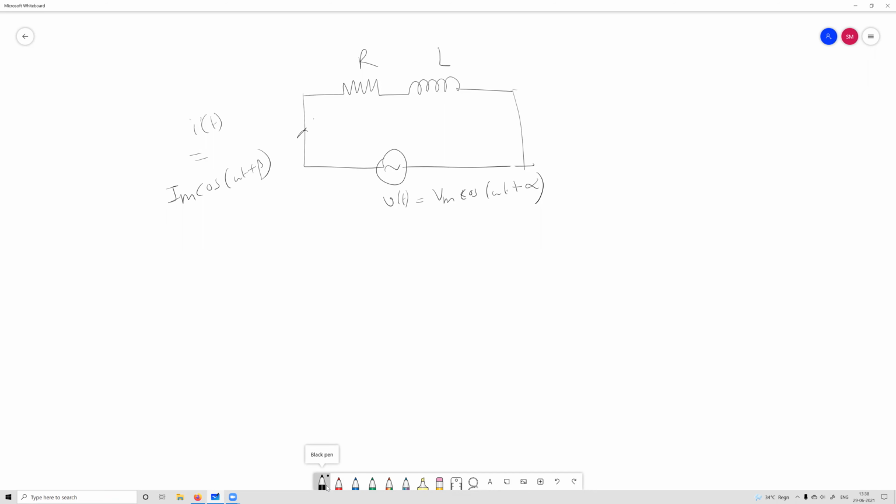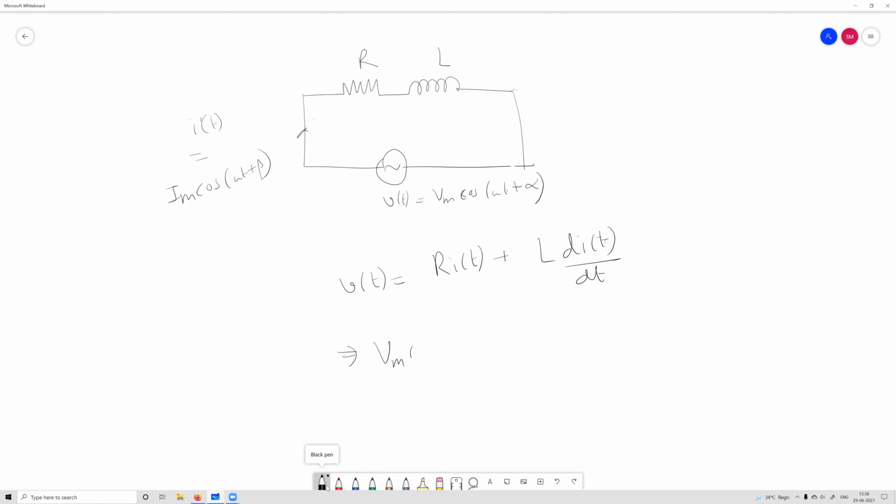Okay. So what will be the equation? Vt equal to R it plus L di by dt, by using KVL.